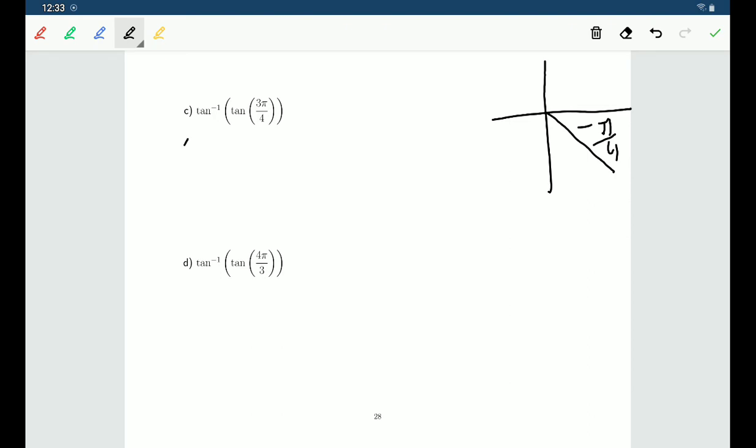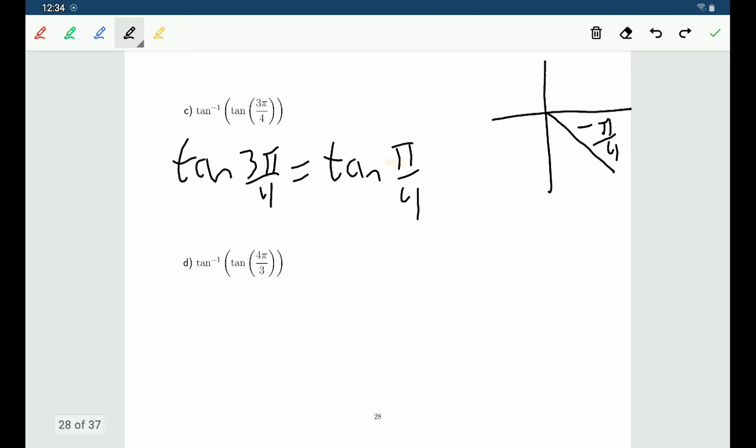So we know that tangent of 3 pi over 4 and tangent of negative pi over 4 are both equal to each other. They both have the same reference angle, and they're both in quadrants where tangent is negative. I lost the negative there. I'll write that again. Better.